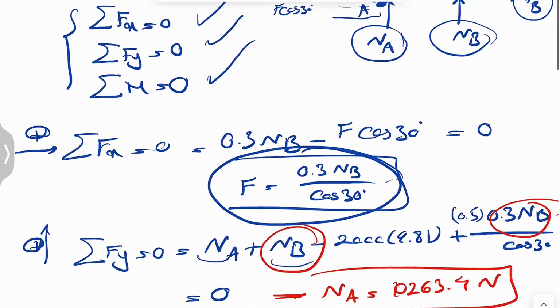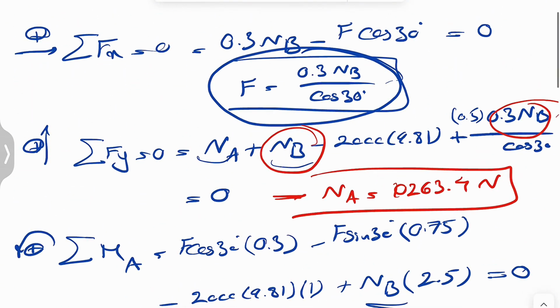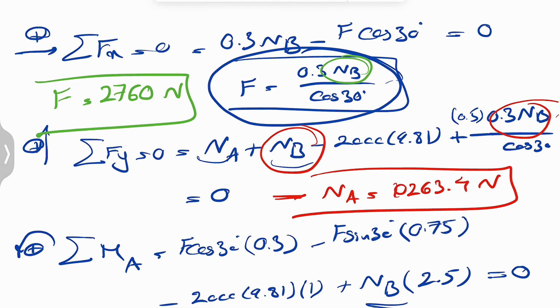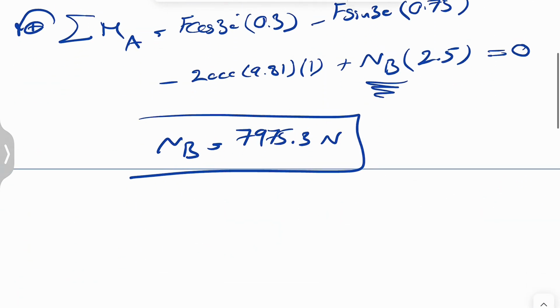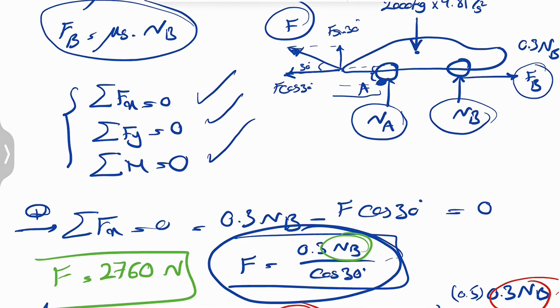Once you have NA and NB, the last one is pretty easy. You just plug in NB here, and that gives you F, which is what the question is asking: 2,760 newtons. We needed to figure out the F for this question. So let me know if you have any questions. You guys take care. I'll see you in the next video. Have a good one.